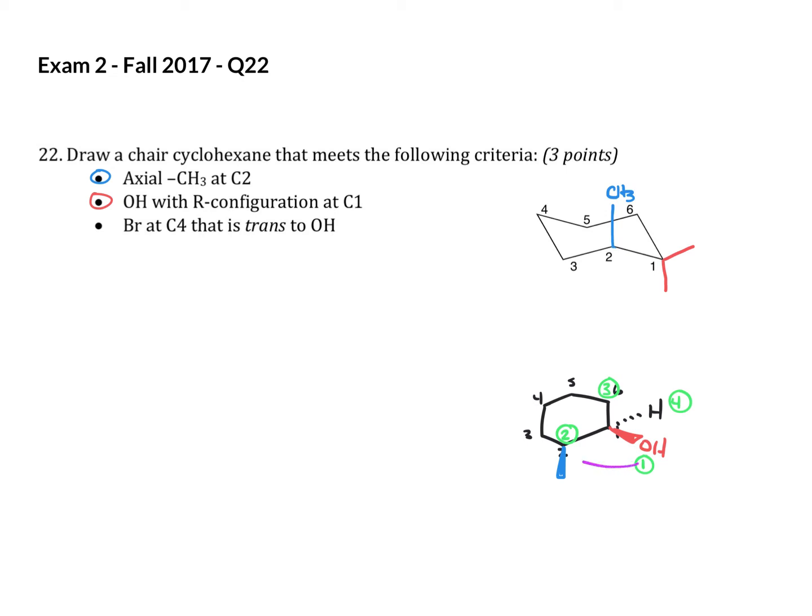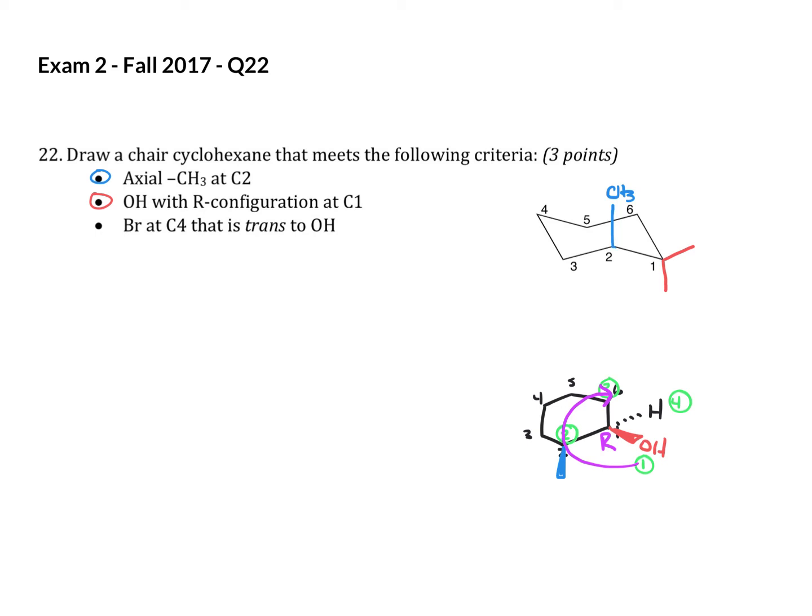Draw in your curved arrows. 1 to 2 to 3, that's going around to the right. That is the R configuration. So we do want the OH on the wedge. If we had put the OH back, you would have ended up with the S configuration. To get it correct, then you just switch it from back to front.